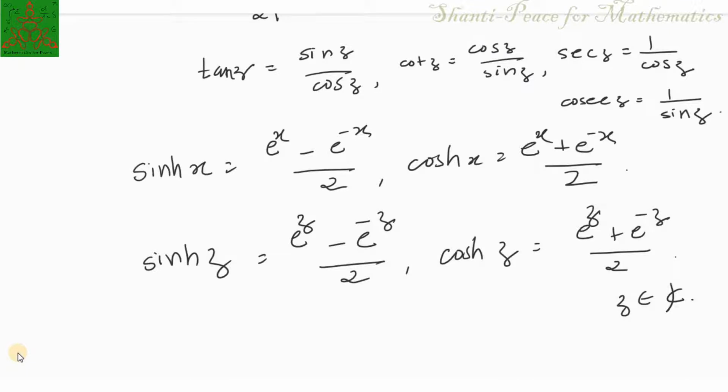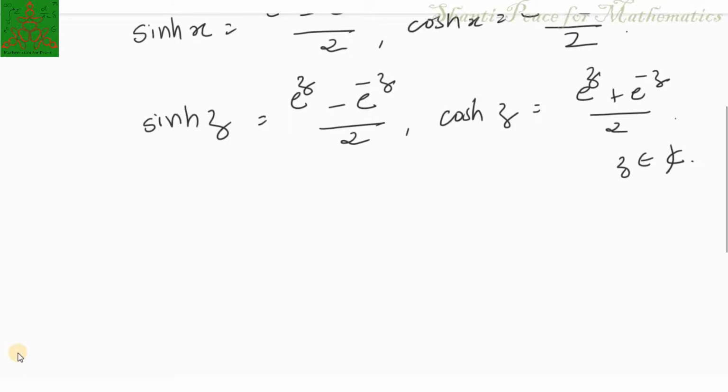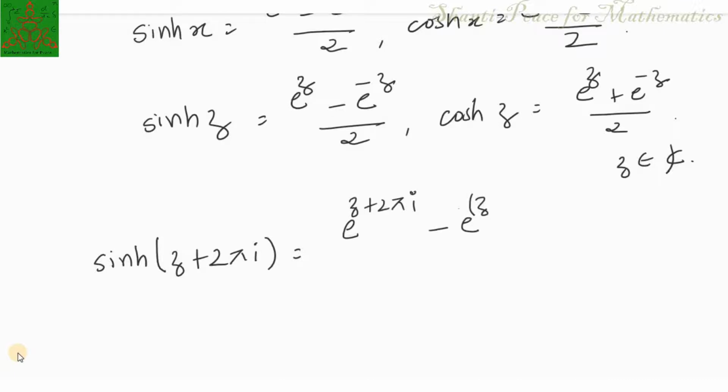Now let us try to find out what will be the period of this sine hyperbolic of z and cos hyperbolic of z. For that I am just starting with sine hyperbolic of z plus 2 pi i. As per the definition we will write this as (e power z plus 2 pi i minus e power minus z plus 2 pi i) upon 2.